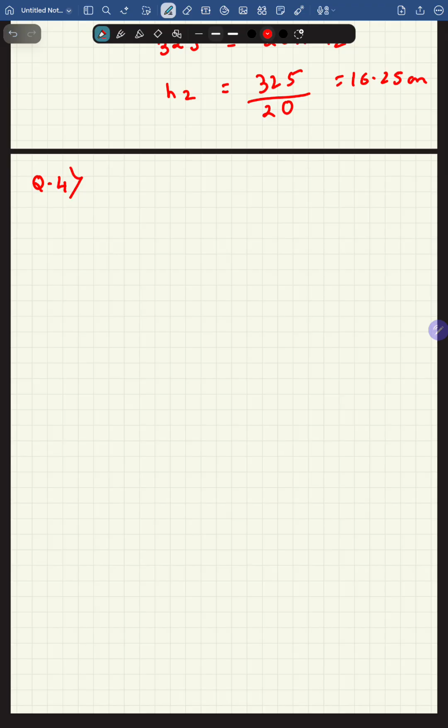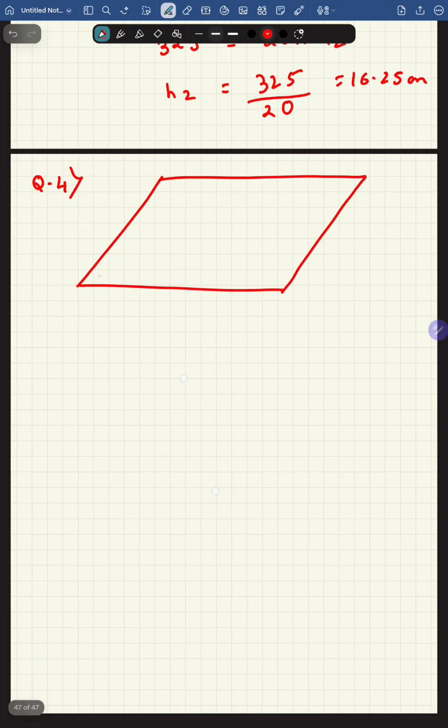Understood, guys? Very nice sum. Fourth one. ABCD is a parallelogram having adjacent sides AB and BC as 16 and 14. If its area is 168, find the distance between the longer side and between the shorter side. Very easy sum. I always prefer to draw a diagram. It works.